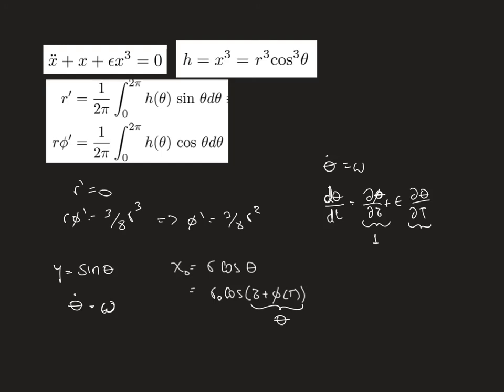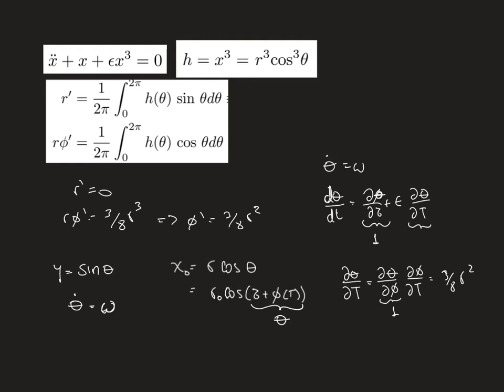So d theta dt is actually d theta d phi dt, and this one is 1. We just need this one, and this is actually the thing we just found out before, which is the change with respect to capital T, remember the derivative. So this is 3 r cubed over 8.